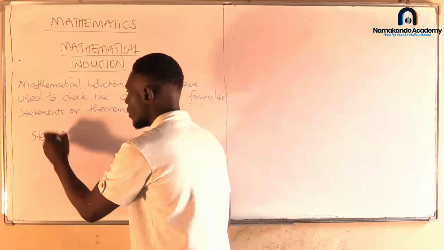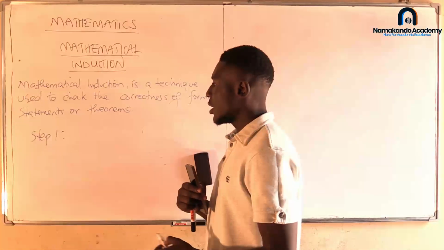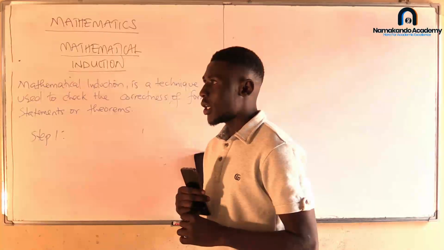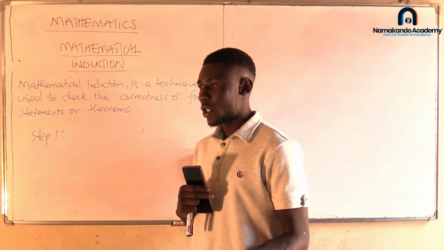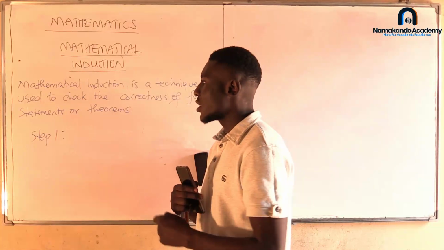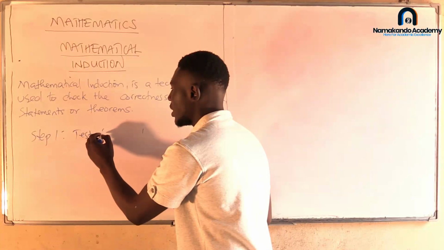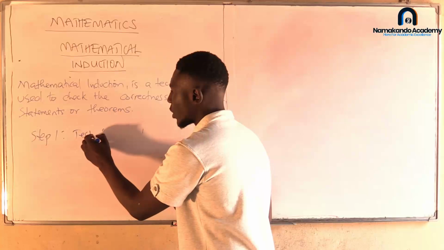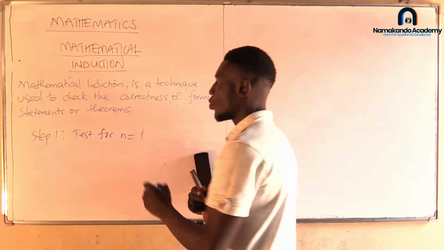Step one, you'll be given a statement, and in this statement there will be a value n, and in most cases this n belongs to the set of natural numbers, or rather positive integers. So for step one, in a case where you're given such a statement, you test for n equals 1.